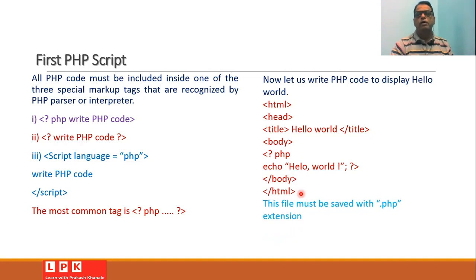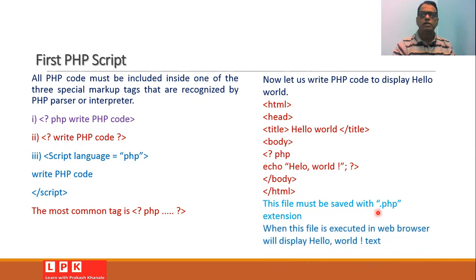Now, whenever you create such a file, you can create it by using any text editor. And when you create such a file, it must be saved with the .php extension. So you can give any suitable name, and then you can make use of the .php extension, so that it will be recognized as PHP code.